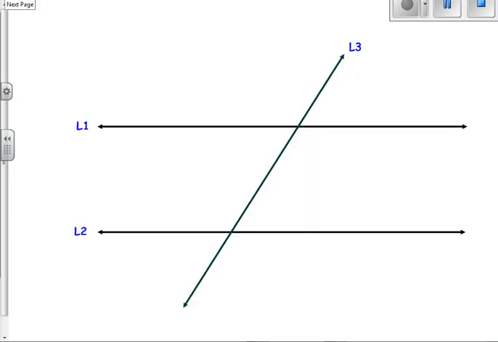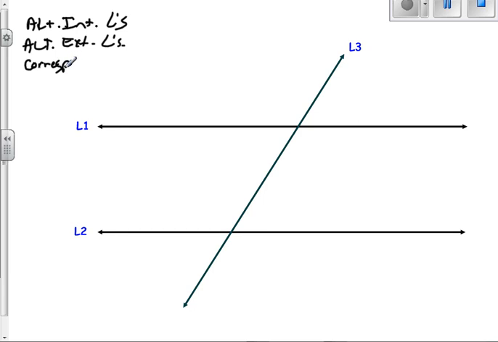So I'm going to just kind of recap. The main words that we're looking at right now are alternate interior angles, alternate exterior angles, corresponding angles, and then consecutive angles.